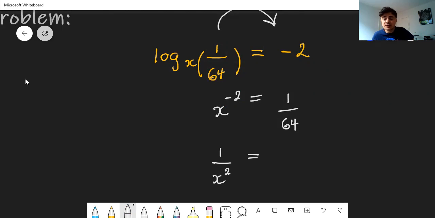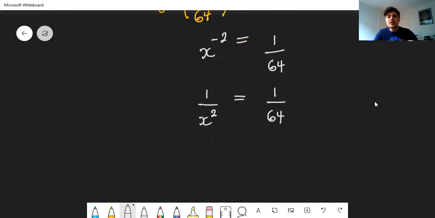The negative becomes a positive when we put it on the bottom. We won't change anything yet here. That's 1 over 64. But because both sides of this equation are 1 over, we can simply restate the equation like this. X squared is equal to 64.